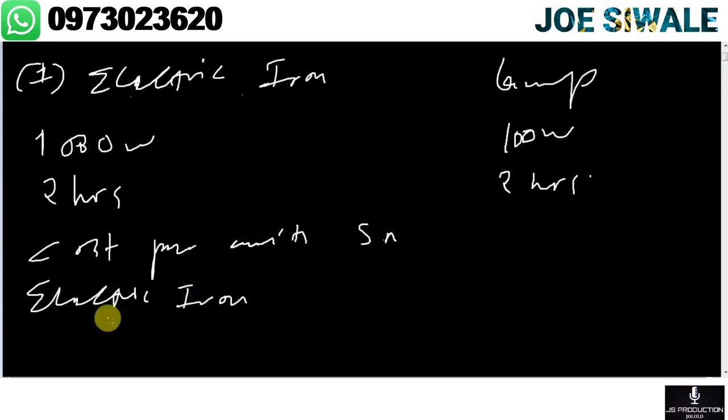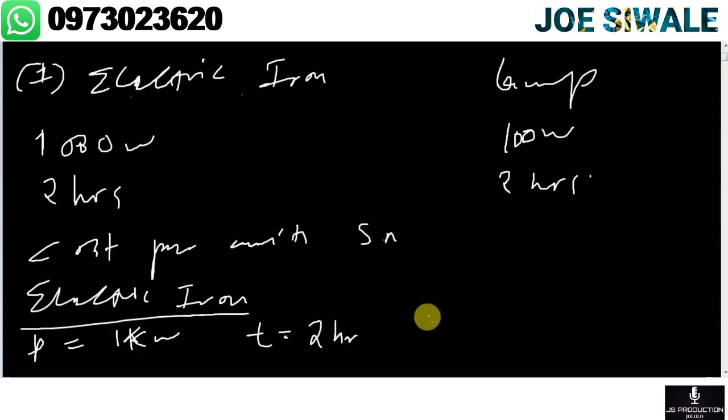So to start with the electric iron, we are going to collect our data. Our power is 1000 watts, and if we convert that into kilowatts, that's 1 kilowatt. Our time is already in hours, which is 2 hours. To calculate the units, we multiply power by time.